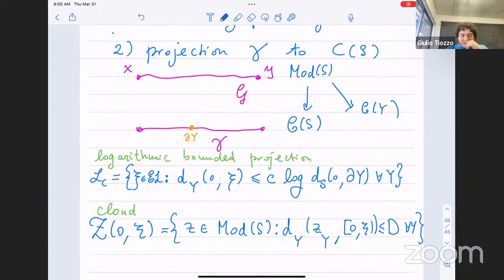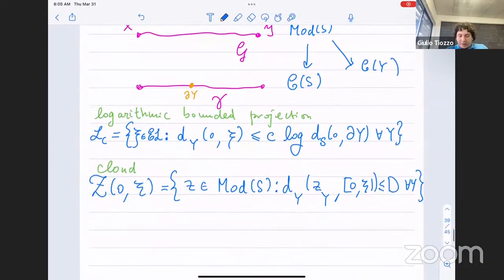And so what is the point here? The point is you want to pick this point in the mapping class group so that when you project it to each subsurface, they're close to the geodesic.